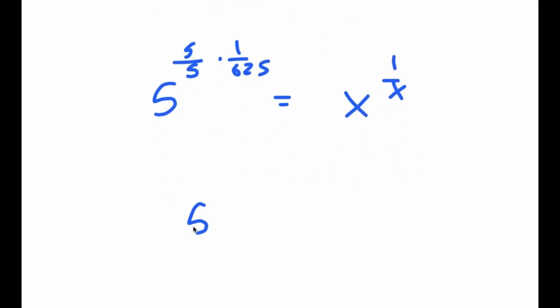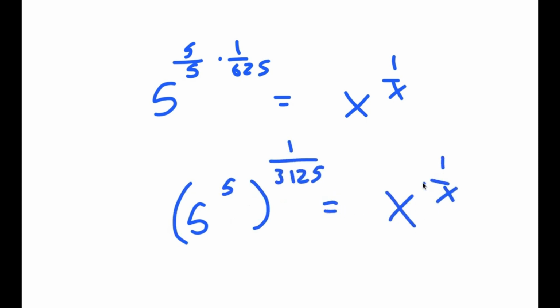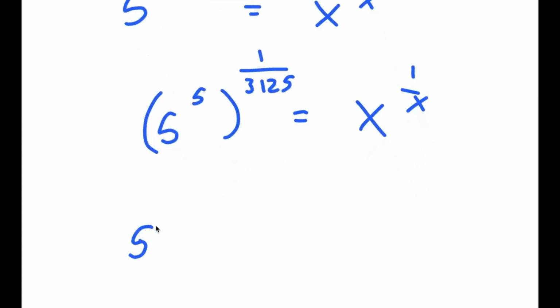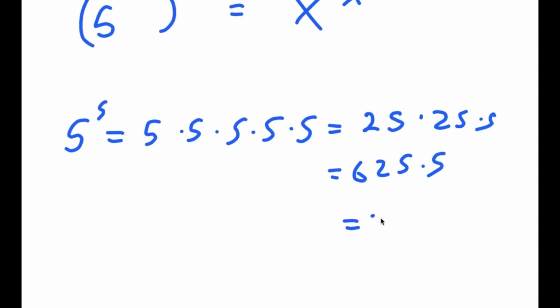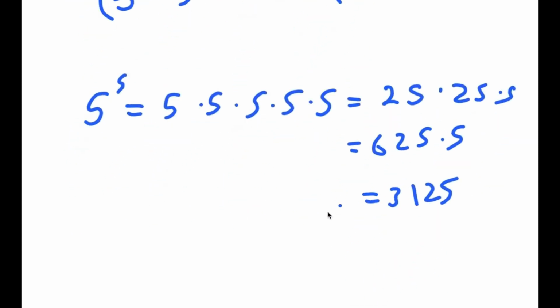So now I get 5 to the power of 5, to the power of 1 over 3,125 is equal to x to the power of 1 over x. Now 5 to the power of 5 is equal to 5 times 5 times 5 times 5 times 5, which is equal to 25 times 25 times 5, which is equal to 625 times 5, which is equal to 3,125.